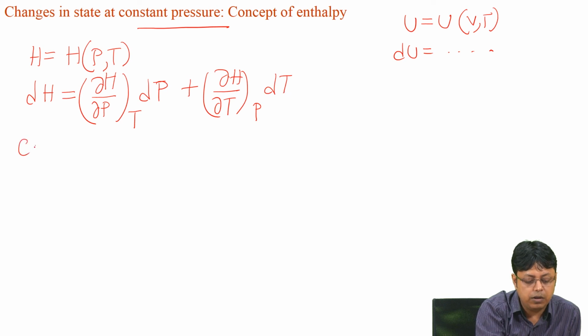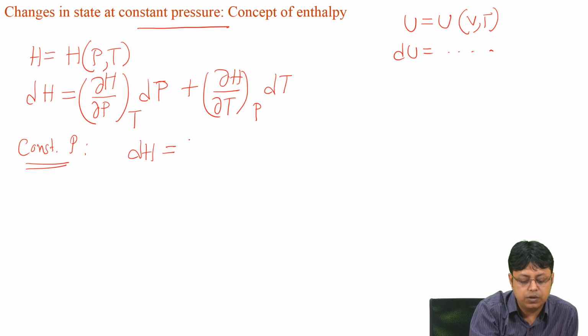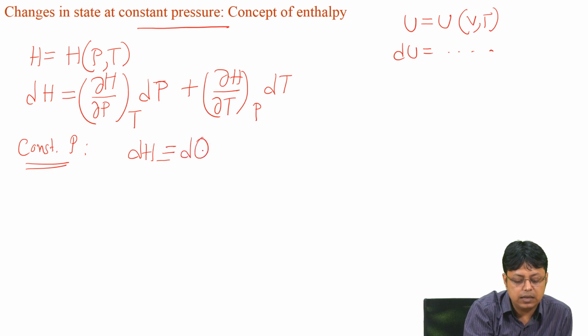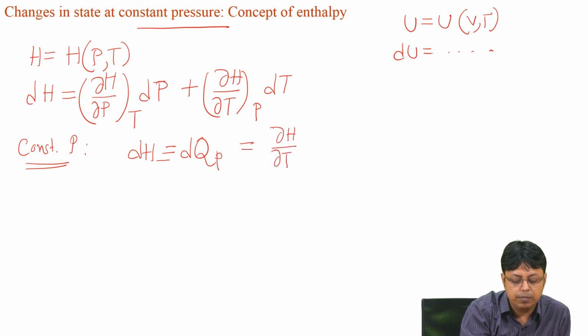Now, as before, if we consider a constant pressure process, then dP is 0. In that case, we know dH is nothing but dQp, which is del H del T at constant P times dT.